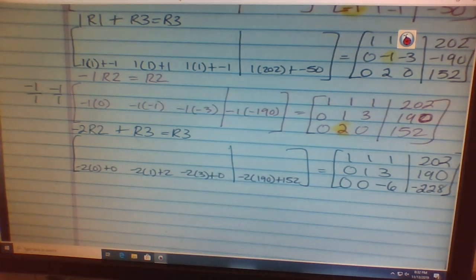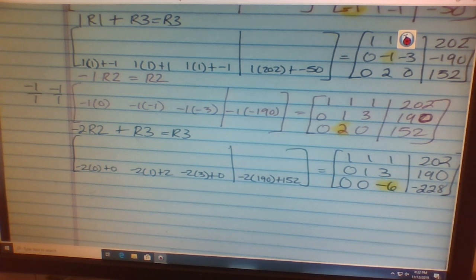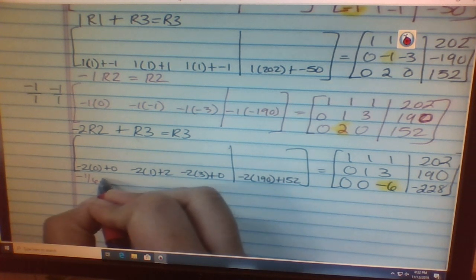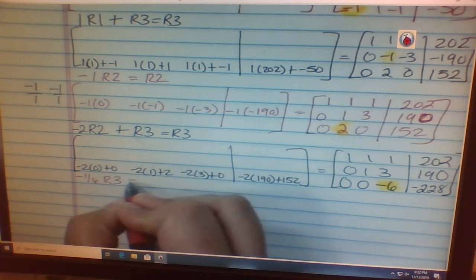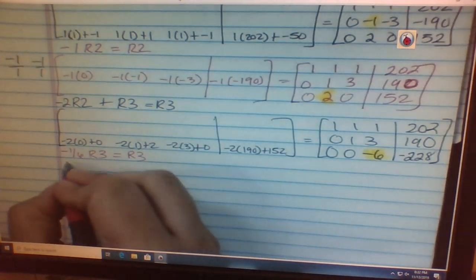So 1, 0, 0, 1, 0. We're one operation away, which is making this little friend of ours into a 1 by doing the reciprocal, which is -1/6. So your goal is to make it into a positive, so this is why we do it: a negative times a negative is a positive.